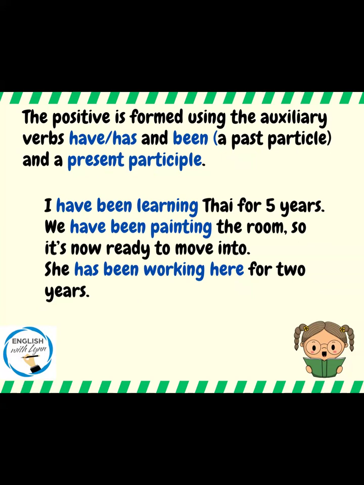You've got the auxiliary verb have or has, depending on which pronoun you are using, and you have got the been that is the past participle. And after the has been or have been, you would have a present participle. So that is an ing word.